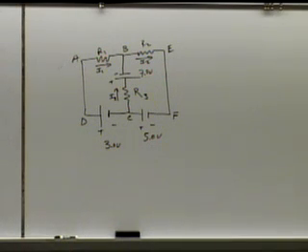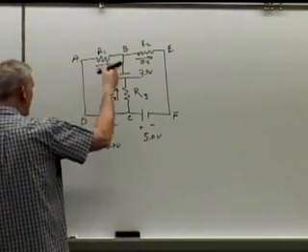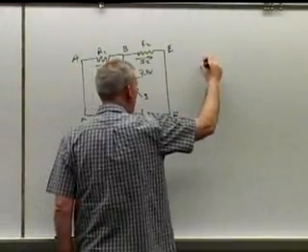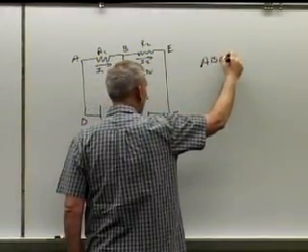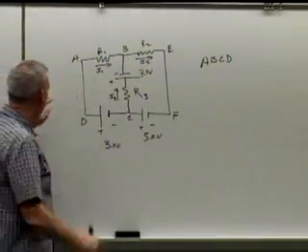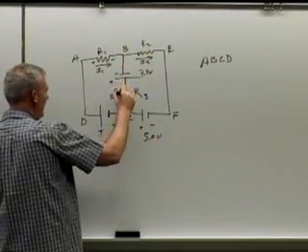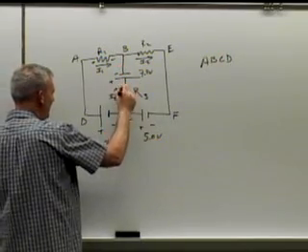All right, so the loop rule, according to the way they have this drawn, let's take this first loop, ABCD. The way they've drawn it, this would be plus, minus, minus, plus, and this would be minus plus like this.